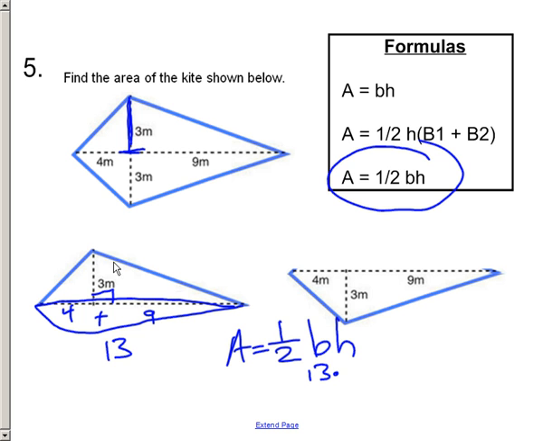So the height of just one triangle is 3 meters, which you can see right here. So the base of this triangle is 13, the height is 3. So we're going to go ahead and multiply those two together. 13 times 3 is 39. But don't forget we have to take half of this.